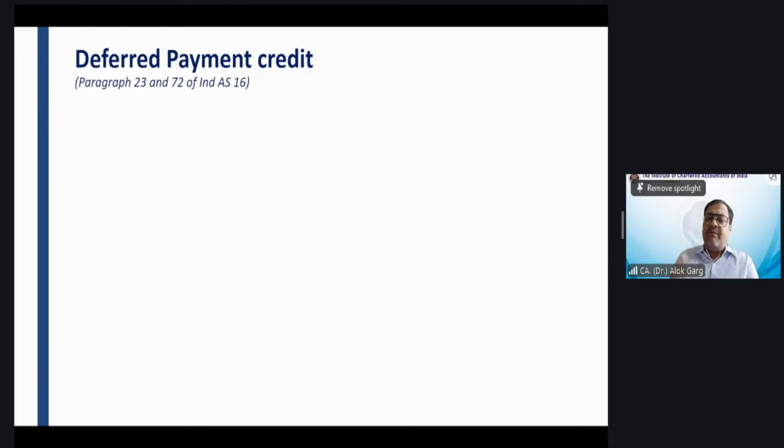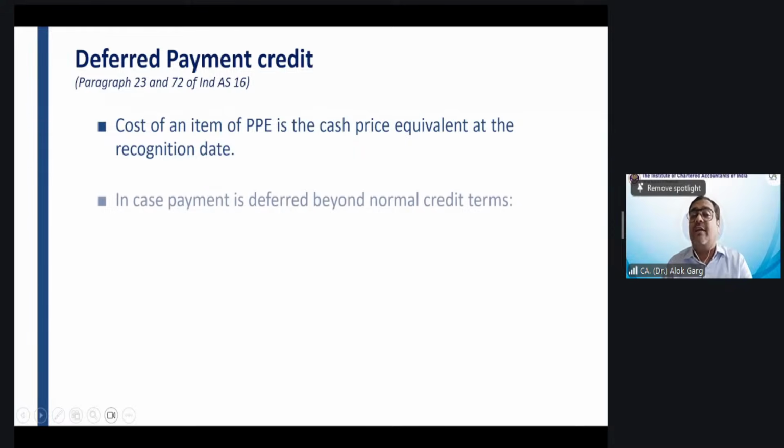It means whenever PPE is purchased on a deferred payment credit basis, then the PPE has to be capitalized at a cash price equivalent. Cost of an item of PPE, cost of property, plant and equipment, is the cash price equivalent at the recognition date.